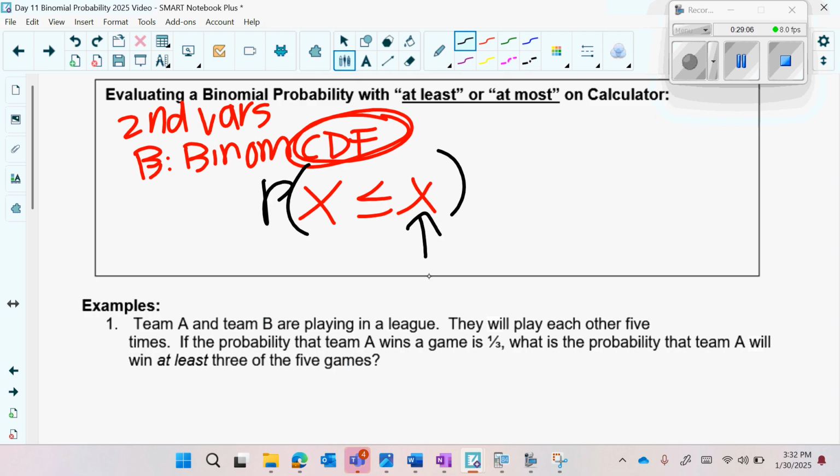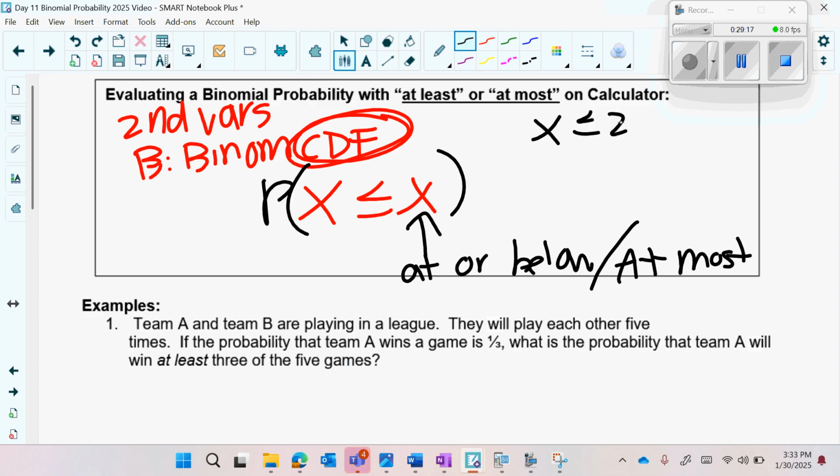So remember, it's the one at or below, aka at most. So if I put a 2 in here, it's going to be 2 or less, to the left, okay? And we'll talk about going the other way tomorrow in class. So binomial PDF is for a single probability distribution. The word exactly is applicable. And binomial CDF is for accumulating more than one.